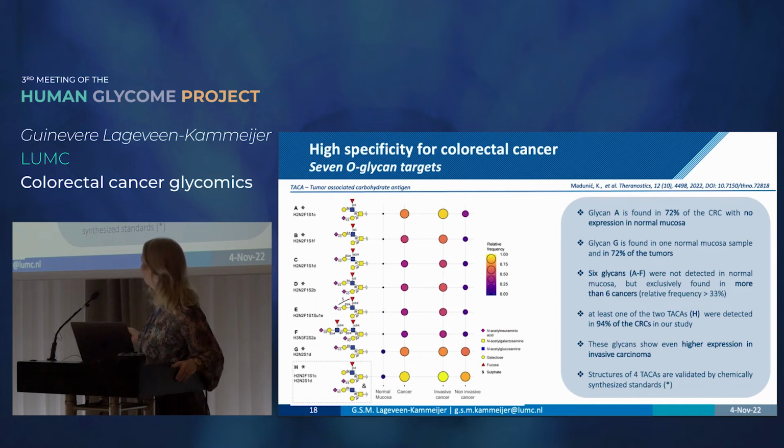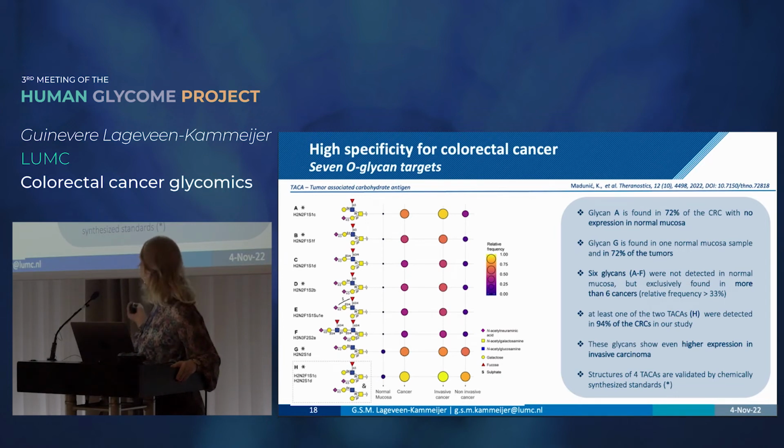But by combining these 2 glycans, we got a frequency of 94%, so really high sensitivity with only one appearance in normal mucosa. What was also interesting is that they show an even higher expression in invasive versus non-invasive cancer.